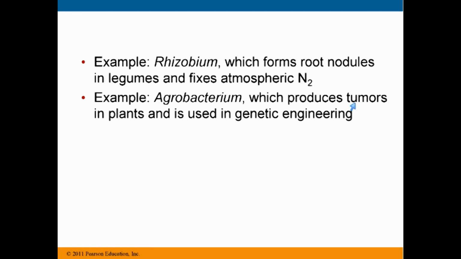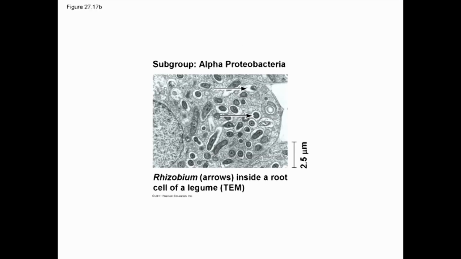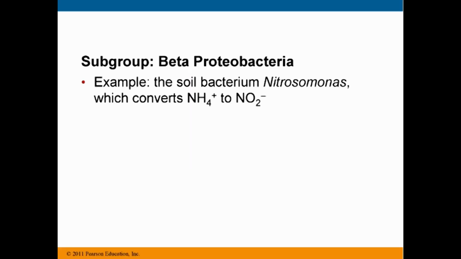Agrobacterium can produce tumors in plants, but Rhizobium helps to fix nitrogen and forms a root nodule or a symbiotic relationship with plants. So a legume is a type of plant.